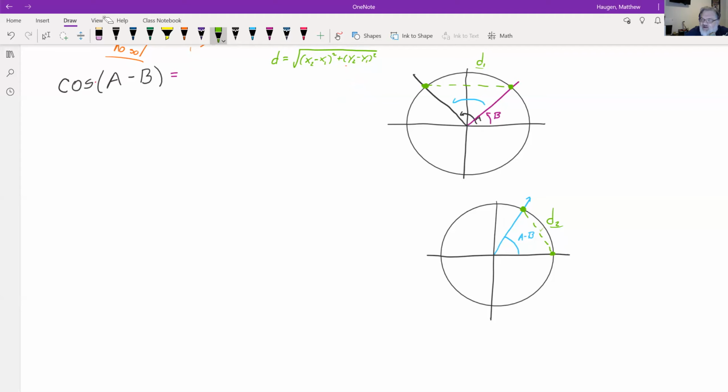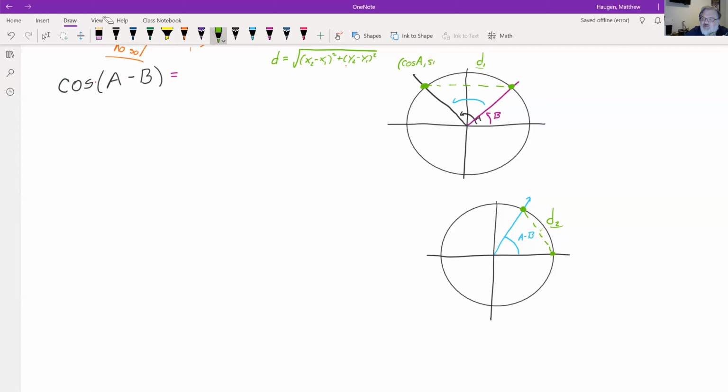So if we want to write out this distance, we would need these coordinates. The nice thing is we know these coordinates. This coordinate on angle A, its x value is the cosine of A. That's our definition of cosine. The cosine is the x value of where it intersects with the unit circle.